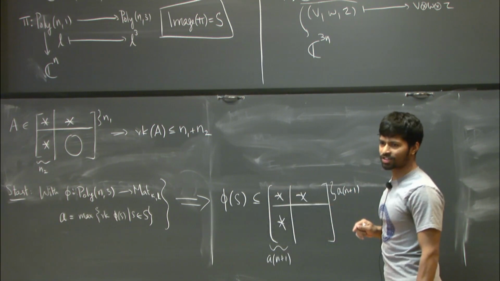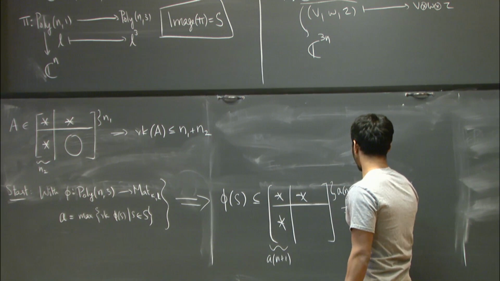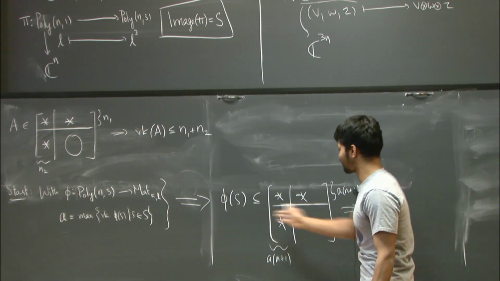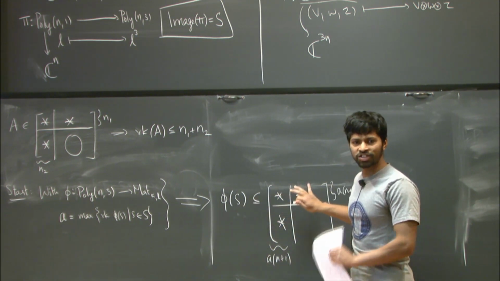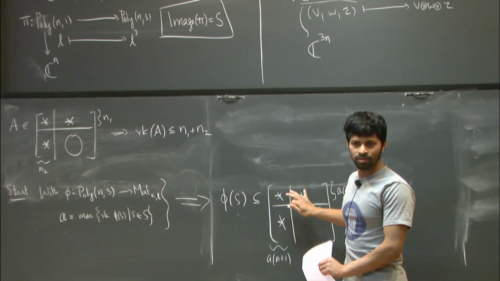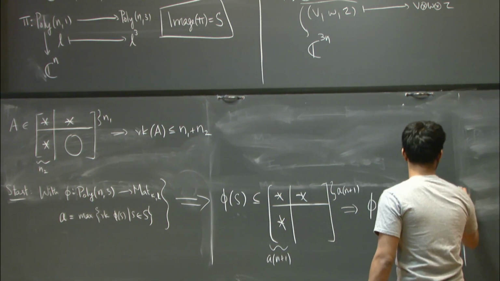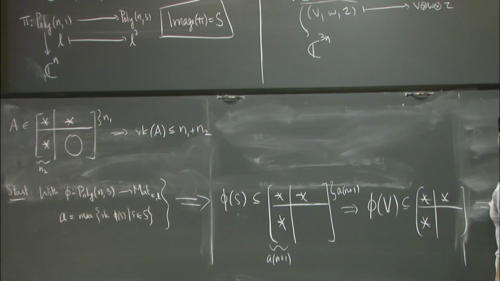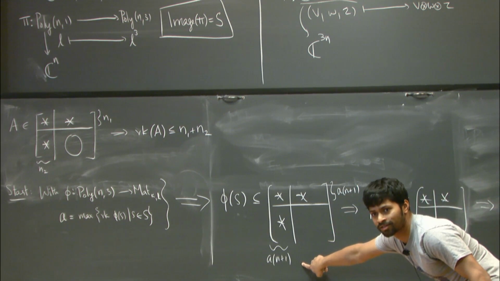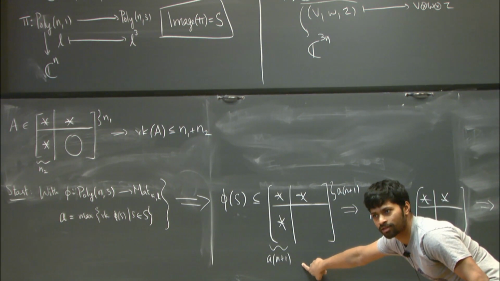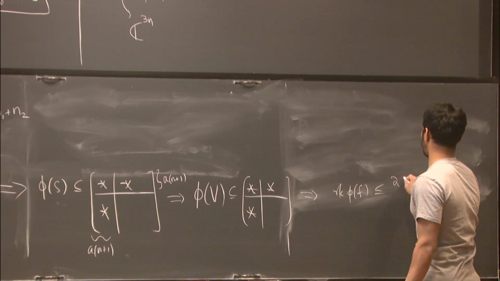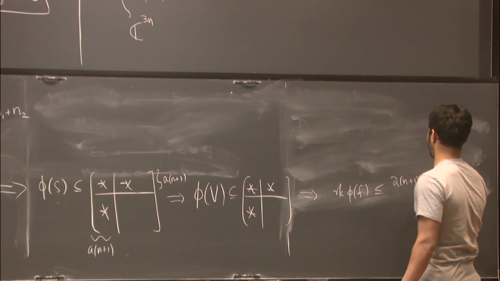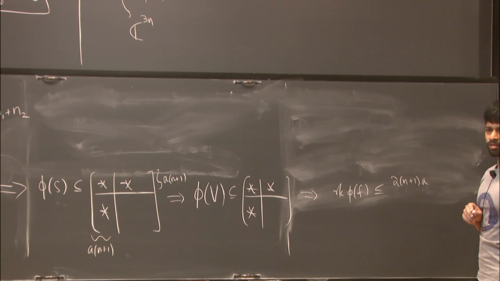If they can land in such a shape, what does this mean? No matter what thing you had in your vector space, which will be some sums of these guys, it's going to stay within this subspace. So the rank of anything is less than or equal to this guy plus that guy, so it's less than or equal to 2 times n plus 1 times A. And so what does this mean?